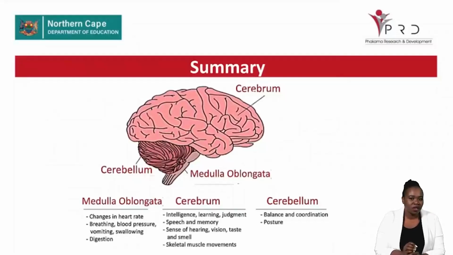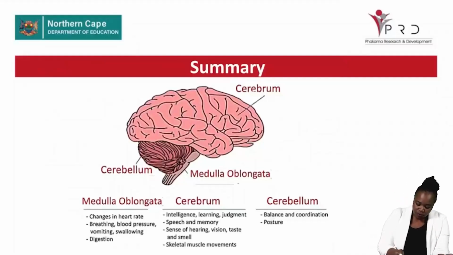As you move further in this activity, you would be looking at questions where you are asked what would happen if the cerebellum is damaged. First, you must know what the cerebellum does before you can answer questions on what would happen if it is damaged.